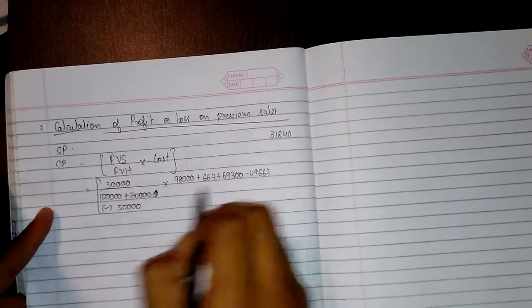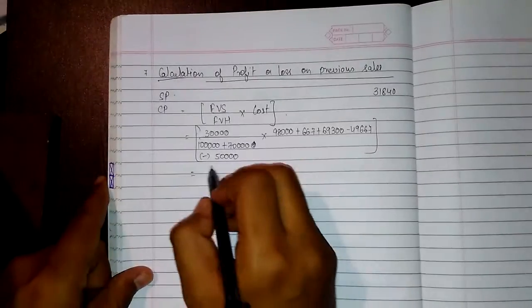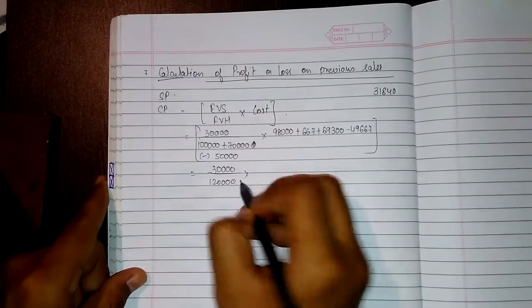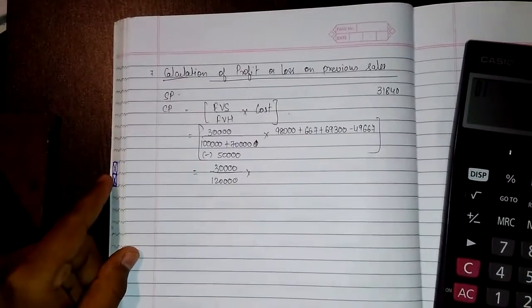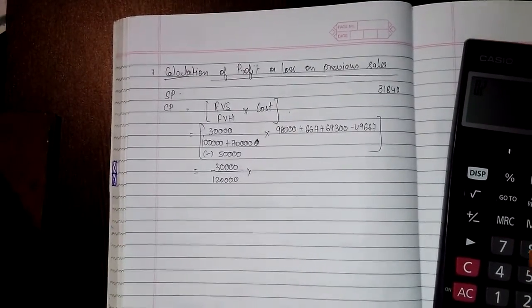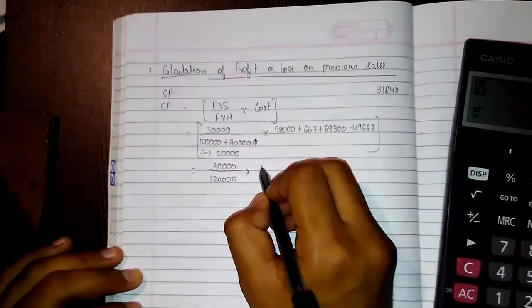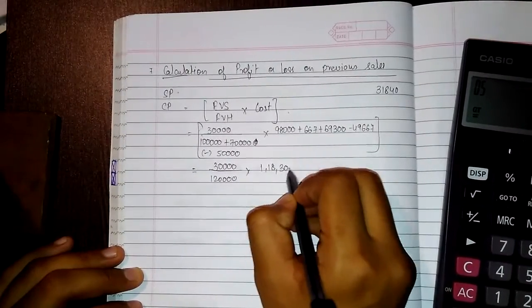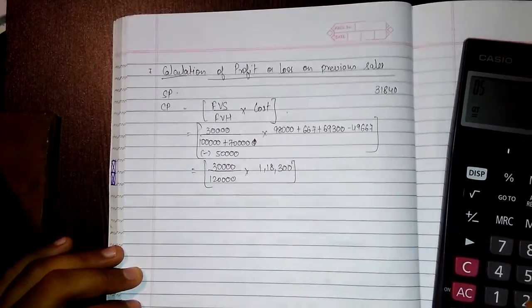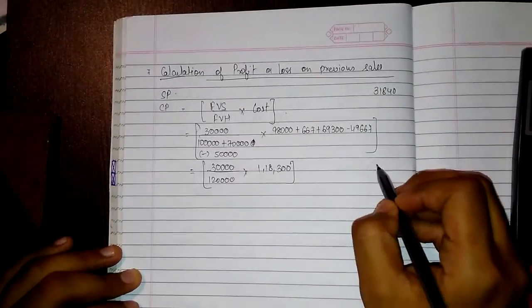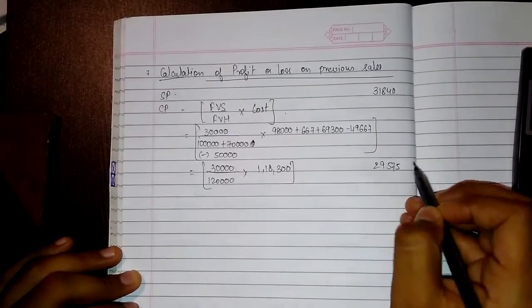So we'll again write over here 30,000 divided by 1,20,000 into, let's calculate, 98,000 plus 667 plus 69,300 minus 49,667, which is equal to 1,18,300, into 30,000 divided by 1,20,000, which is equal to 29,575.